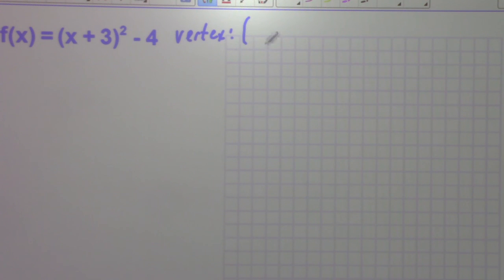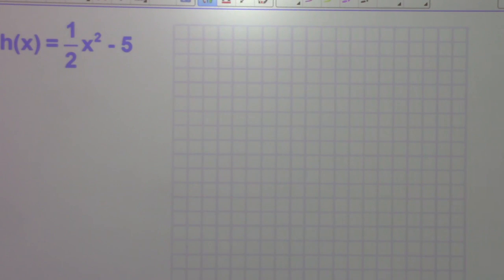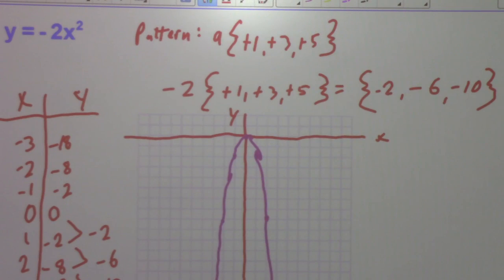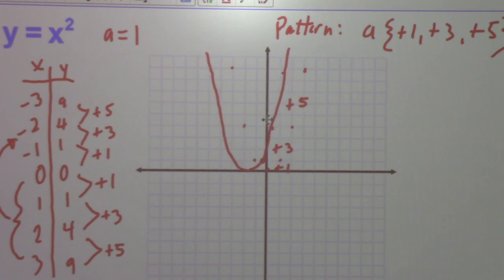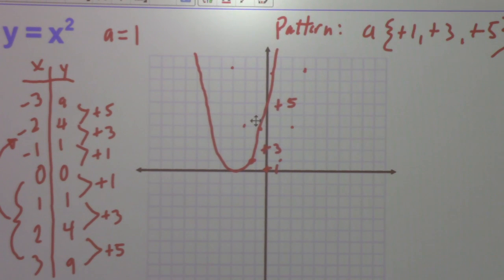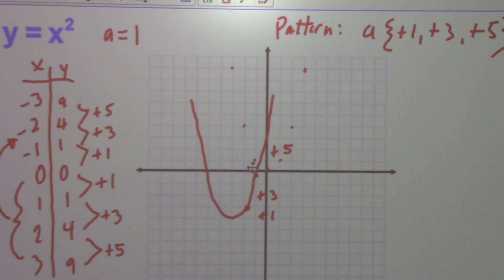We will say -3, comma -4, right? And really what we're doing is we're taking this parent function, aren't we? And we're taking it, as Angel says, 3 to the left and 4 down. So that one that I just showed is going to look like this, isn't it?